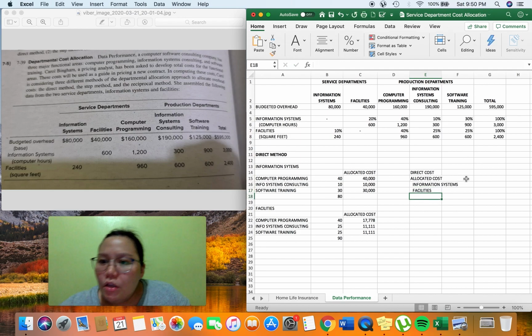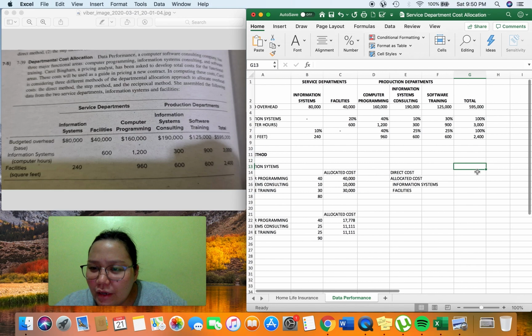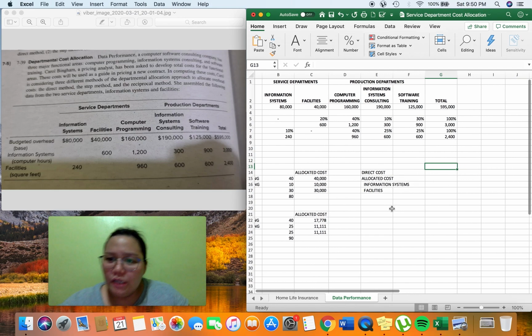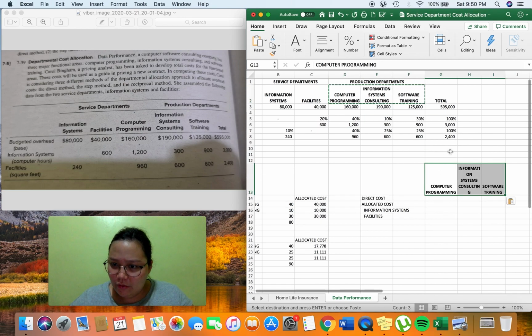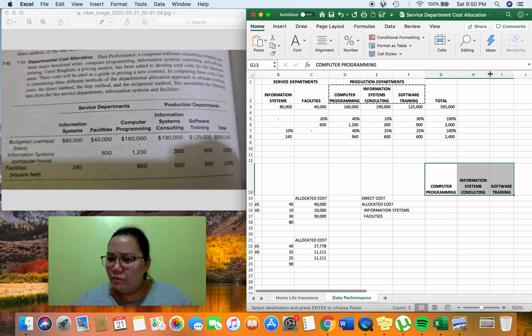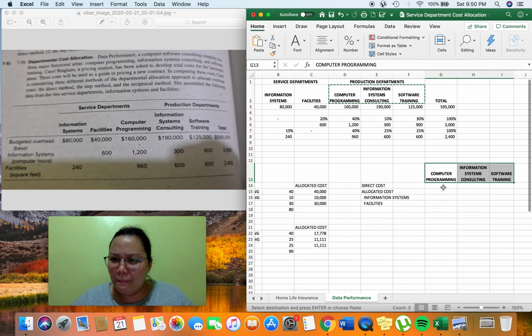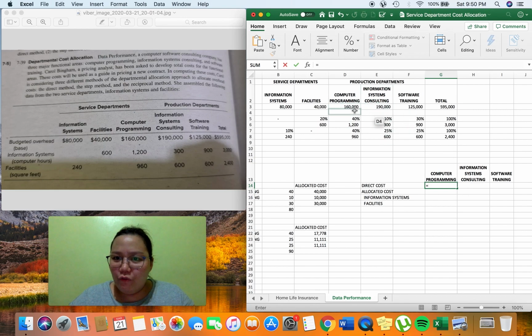So, our direct cost, of course, we have 3, so let's just copy this one. For the direct cost, we have 160,000 for computer programming, 190,000 for information systems consulting, and 125,000 for software training. For the allocated cost from information systems, we have 40,000.